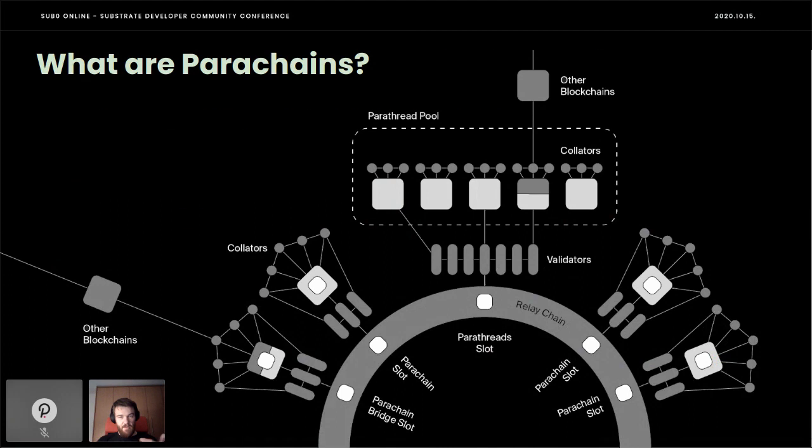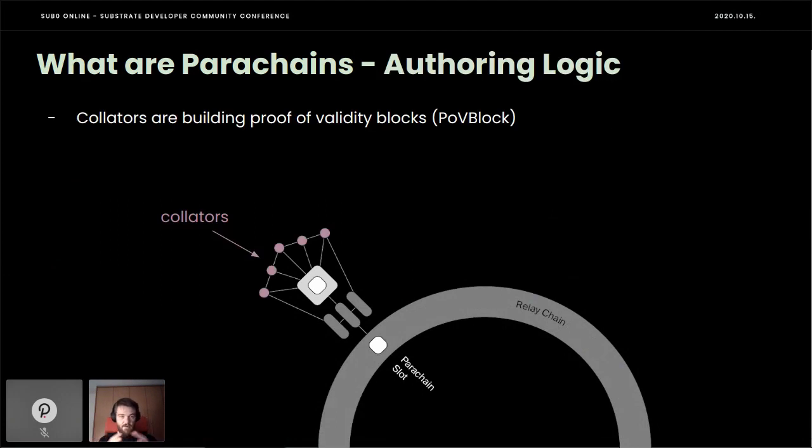And now that's the next part, where I want to give you an overview of how block building works for a parachain. First, you have these collators here in red, and these collators are building so-called proof of validity blocks.